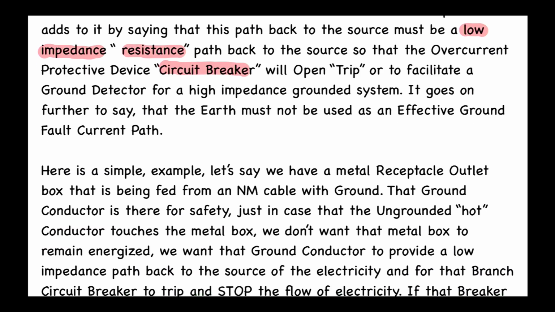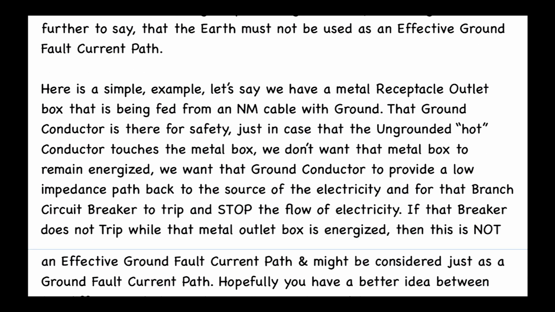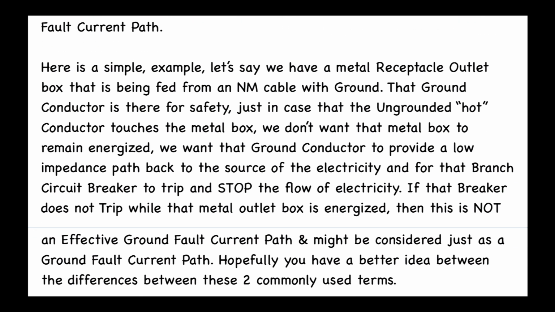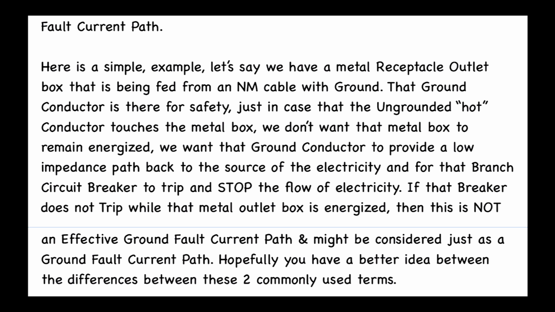Here's an example. Let's say we have a metal receptacle outlet box that is being fed from an NM cable with ground. That ground conductor is there for safety, just in case the ungrounded, the hot conductor, touches the metal box. We don't want that metal box to remain energized.